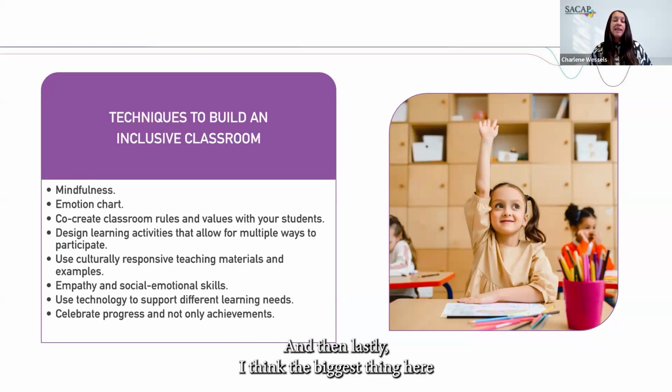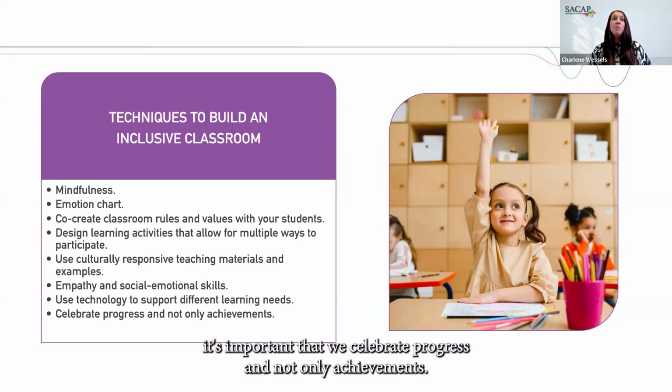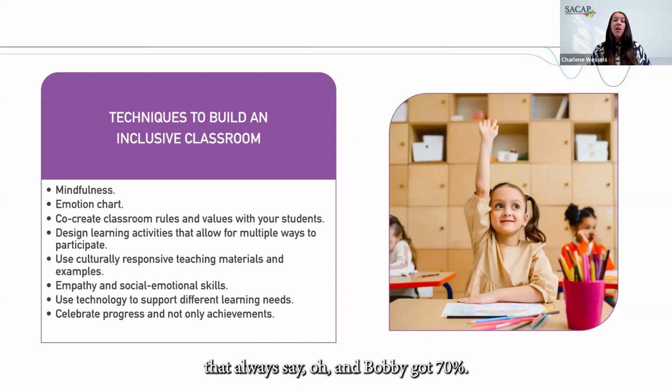And then lastly, I think the biggest thing here in terms of techniques and the inclusive classroom for me is it's important that we celebrate progress and not only achievements. There's a lot of times that I hear of teachers that always say, oh, Bobby got 70%, Sandy got 80%.